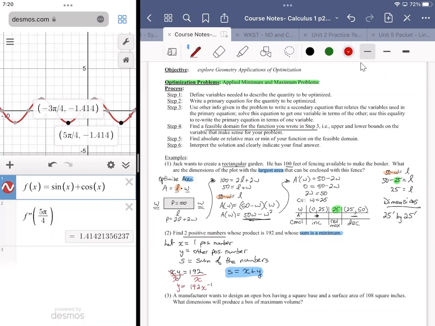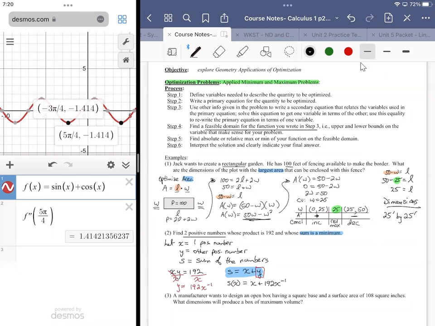Looking ahead, I know I'm going to be finding a derivative. When I find a derivative, ideally I'd like to be using the power rule. If I'm using the power rule, I probably want to have my function written as a power function. So by writing it like this, I can make a nice even swap, and I would get S of X, now a function of X, is equal to X plus 192 X to the negative first.